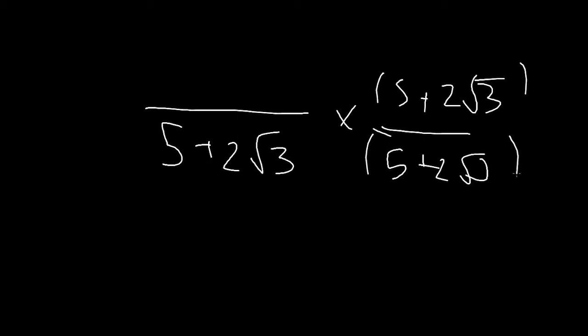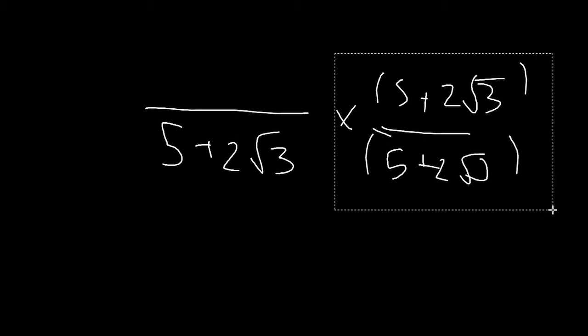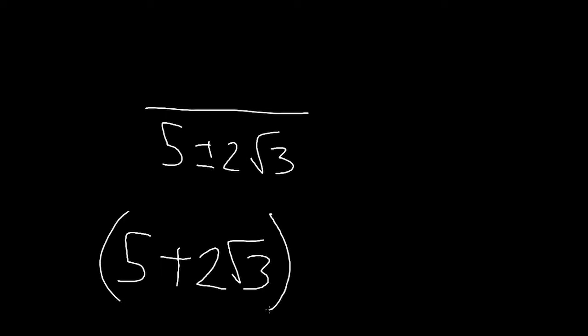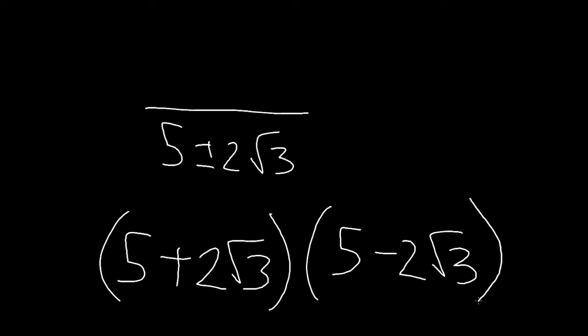So we need to remember back to our binomial products and remember the difference of 2 squares. So remember, in our difference of 2 squares, that was when we had something in the form of this. So if we use our 5 plus 2 root 3, and then we times it by 5 minus 2 root 3, look what happens when we expand it.